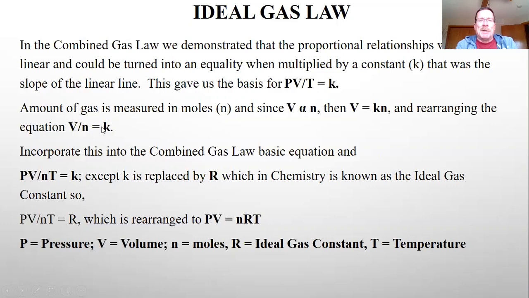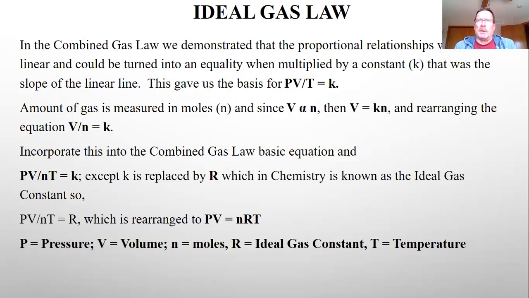With that direct relationship, just like pressure, temperature, volume, temperature, moles is going to go on the bottom. So when I incorporate it, PV over nT is going to be equal to k, except for the ideal gas law, that constant number, they don't use the letter k, they use the capital letter R. And anywhere you go in science, when you see a big R, it's the ideal gas constant.